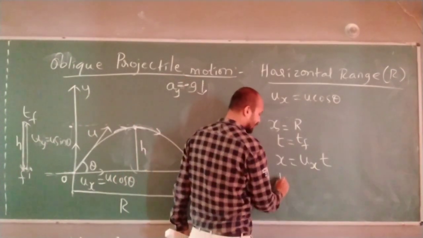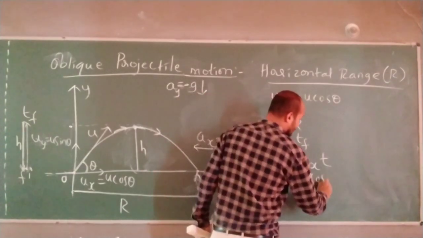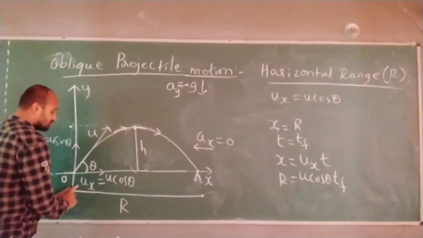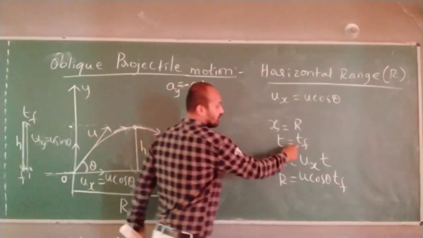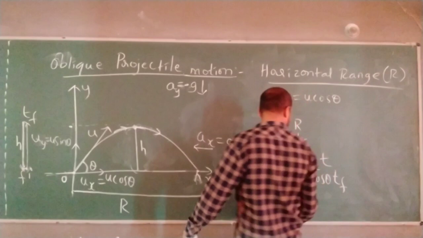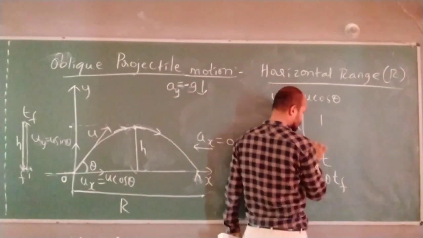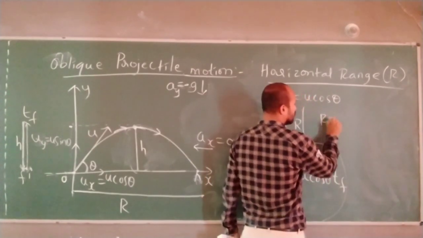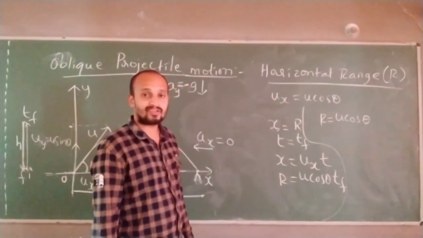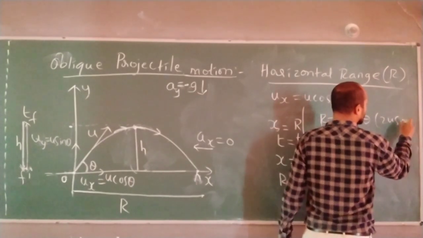X is nothing but range. So R is equal to u cos theta into tf. What is tf from the previous derivation? Time of flight is 2u sin theta by g.